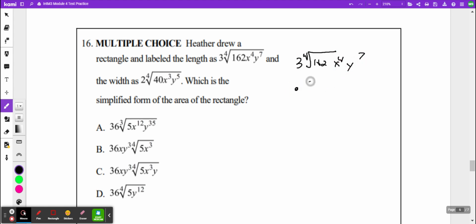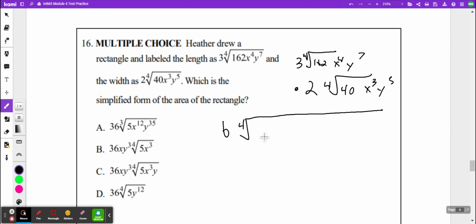I'm going to multiply it by 2 to the 4ths right here. Okay, so I get 48, and then I have the x to the 3rd, y to the 5th. Knowing the powers, if they're the same radical, I can put them all together. So 3 times 2 is 6. Then I have this 4th root right here. And I can do 162 is really 81 times 2.